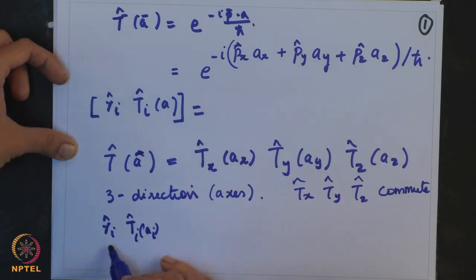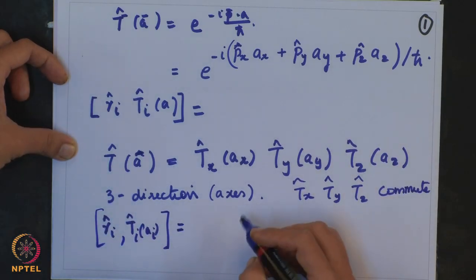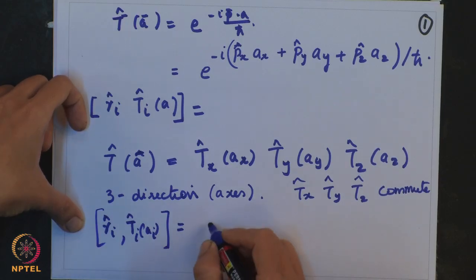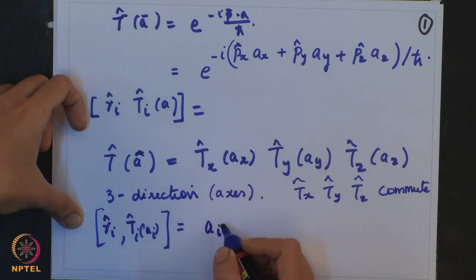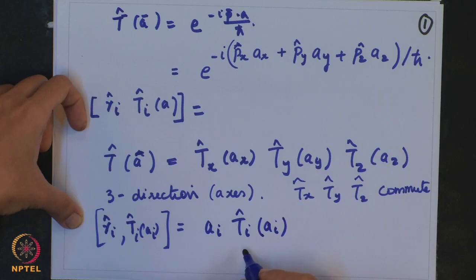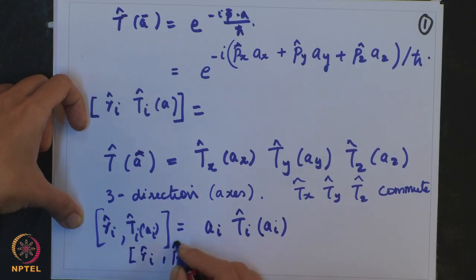You remember we have done such an exercise in tutorial 5. In that we evaluated this quantity and it came out to be, just try to recollect, A_i times T(A_i). This is what we obtained in tutorial 5, and remember, we will use these relations while evaluating the general result.